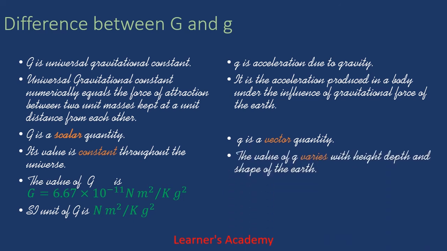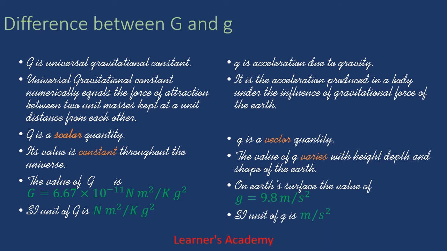The value of small g, that is acceleration due to gravity, varies with depth and height and also with the shape of the Earth. Now on Earth's surface the value of g has been calculated and it is equal to 9.8 meter per second square. All right, SI unit of g is meter per second square.